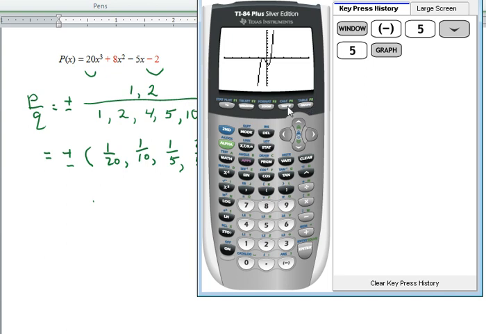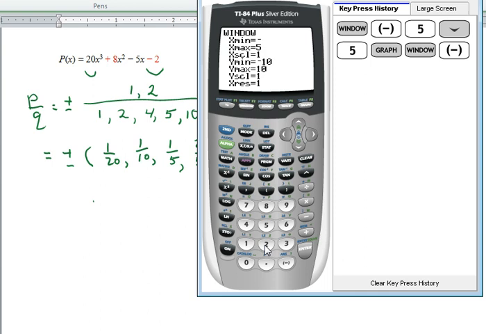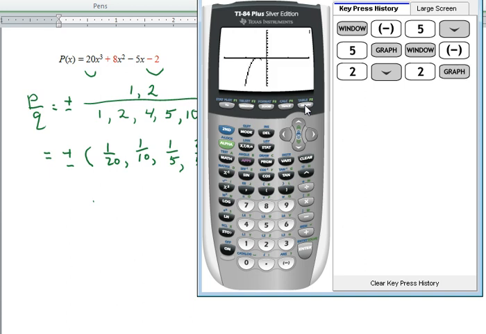So I'm actually going to go back to the window, enter -2 for x min and 2 for x max. Press graph again. All right.